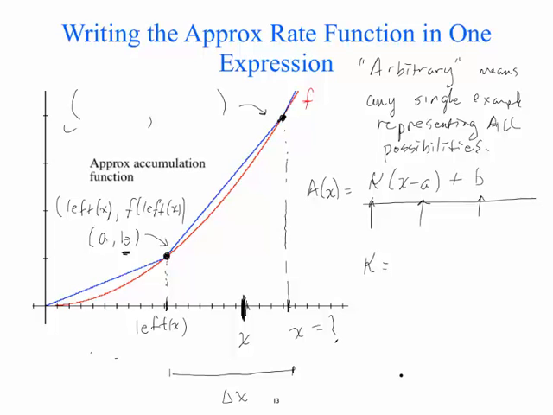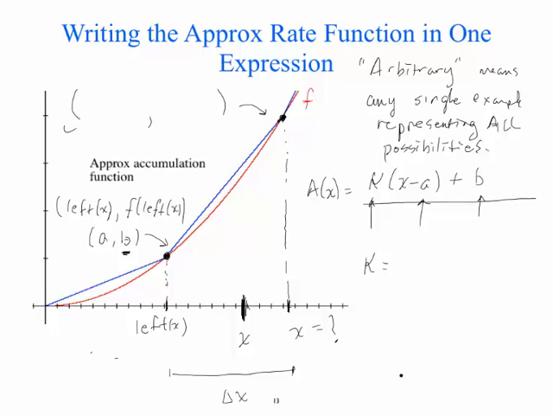You get 2 delta x. So for the second coordinate, the x coordinate is going to be 2 delta x.